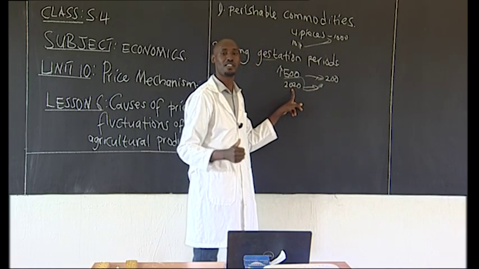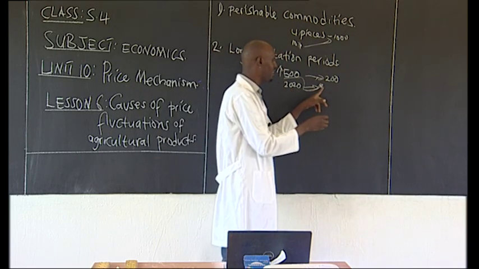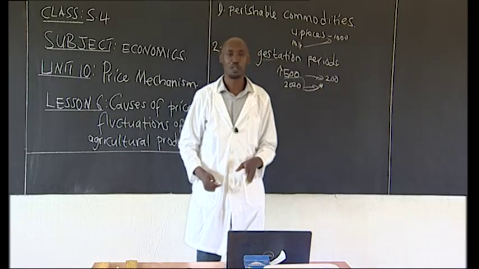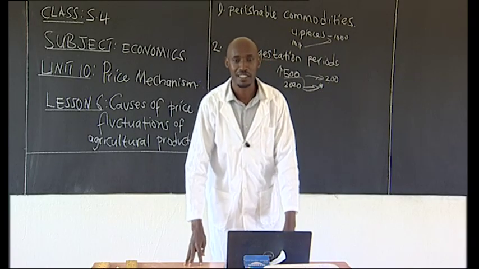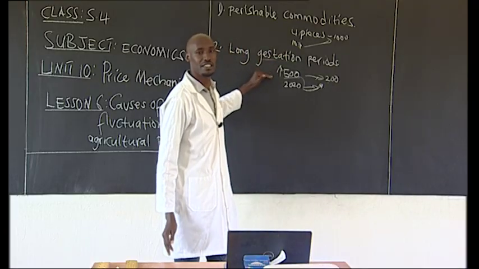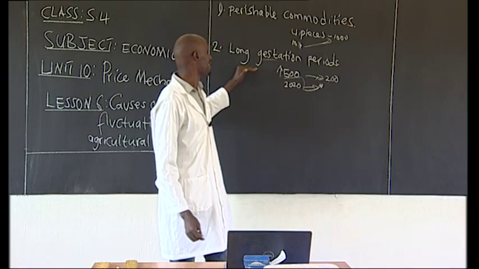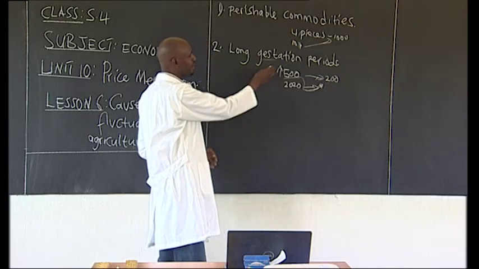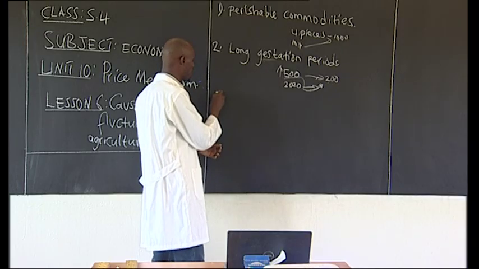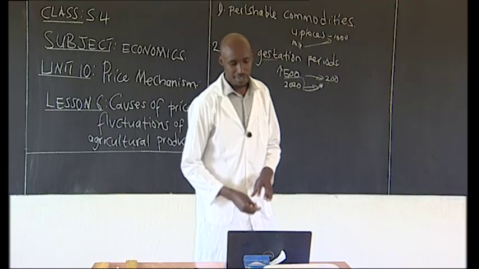Cassava is on the market. As we reach our harvest, the price will be low because there is much supply. So this is how it comes. The problem remains that prices keep fluctuating. Good.